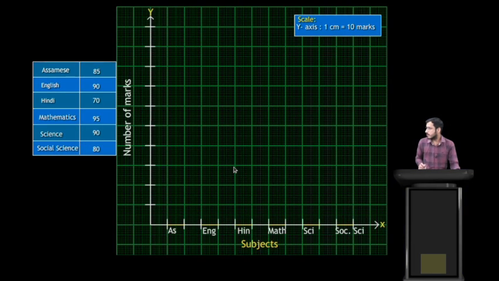Now we mark the marks on the y-axis: 0, 10, 20, 30, 40, 50, 60, 70, 80, 90 and 100, like this. Now one by one we plot the subjects. Assamese is 85 marks.